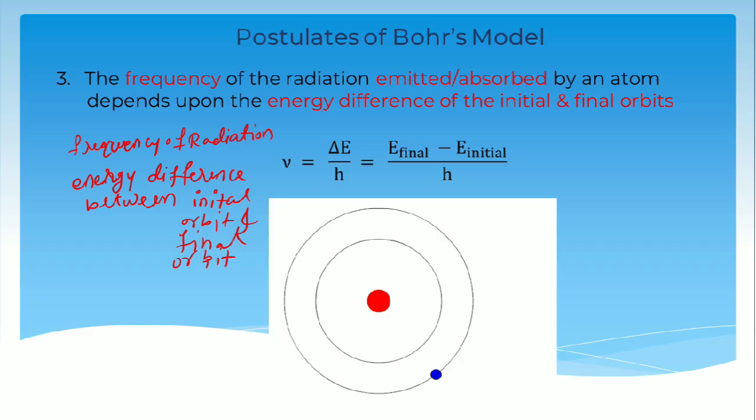Mathematically, they have given the equation here: nu equals delta E by h, or we can say nu equals E final minus E initial, divided by h. This nu represents the frequency of radiation.